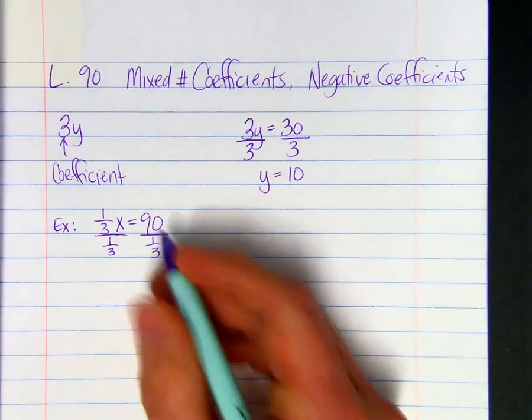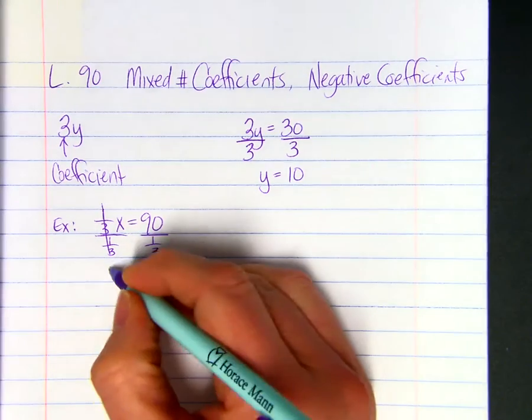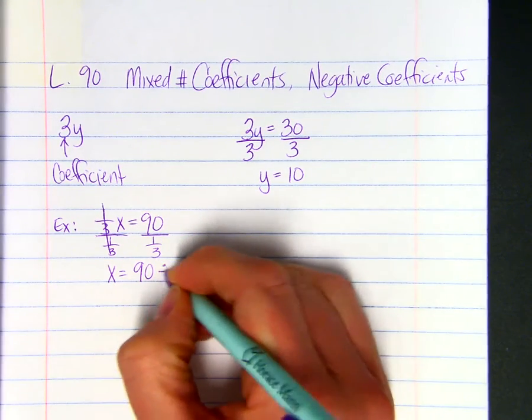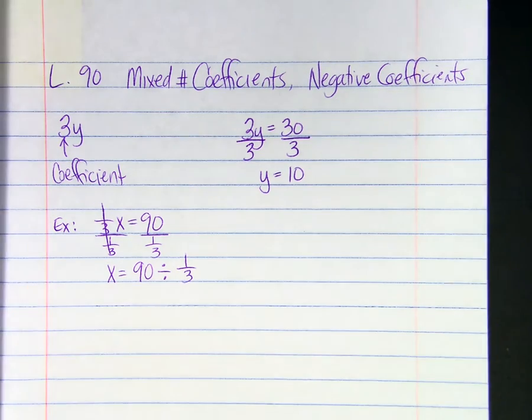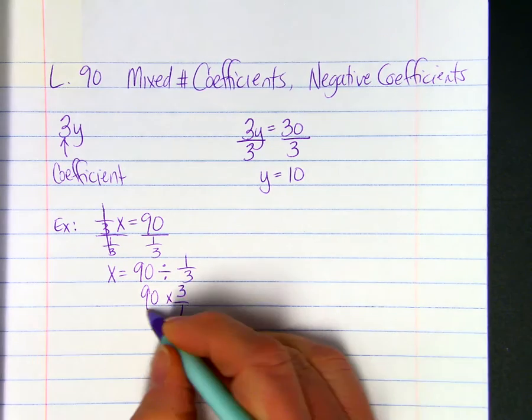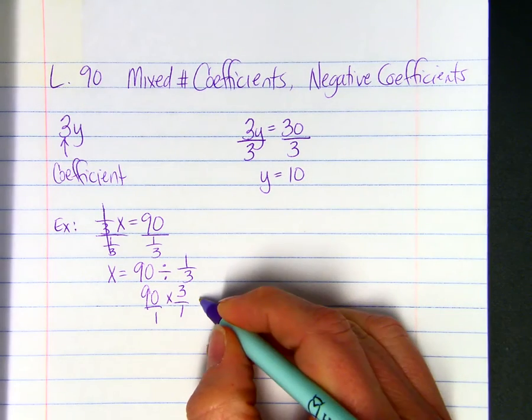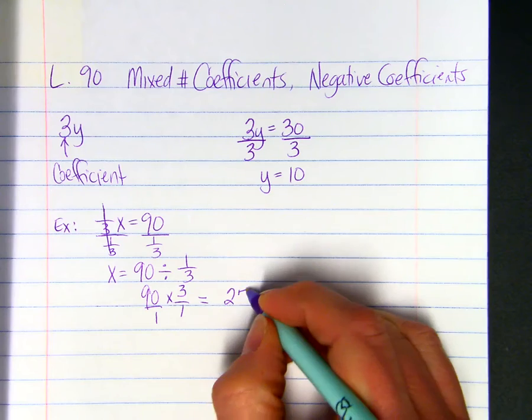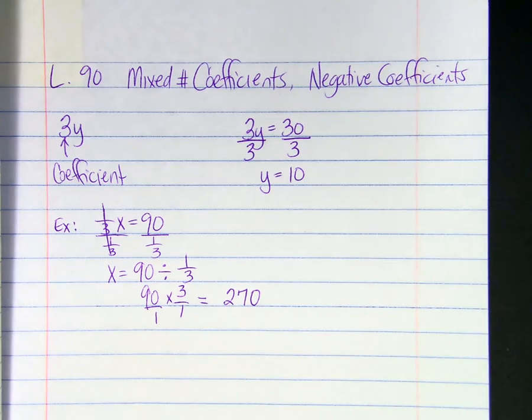And then x equals 90 divided by 1/3. Then we have to remember when we're dividing by a fraction, we multiply by the reciprocal. So it's just 90 times 3, which is 270.